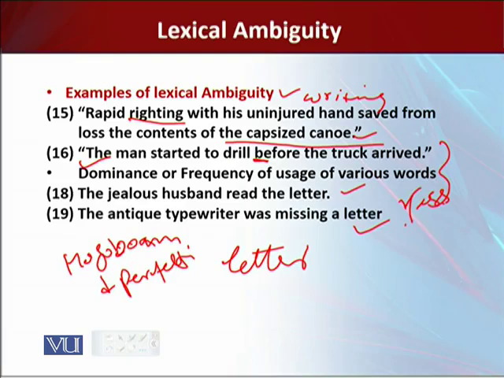So the sentence the jealous husband read the letter requires the activation of presumably the dominant postal meaning, which is the primary meaning, whereas the antique typewriter was missing a letter requires activation of the secondary sense for comprehension. So again, we see that dominance or frequency of usage of a word also causes ambiguity.